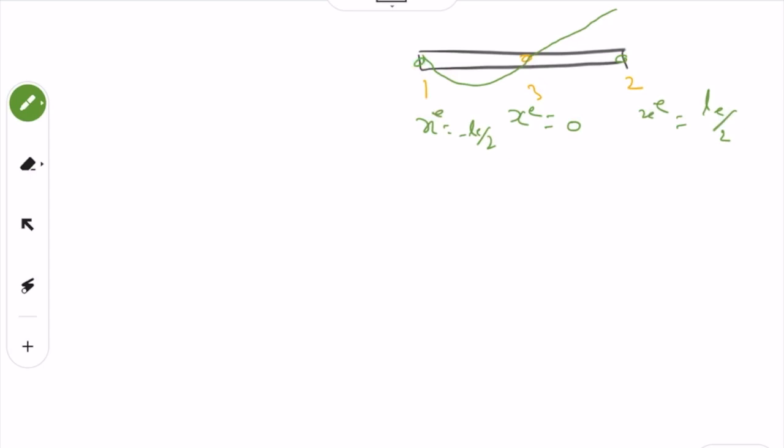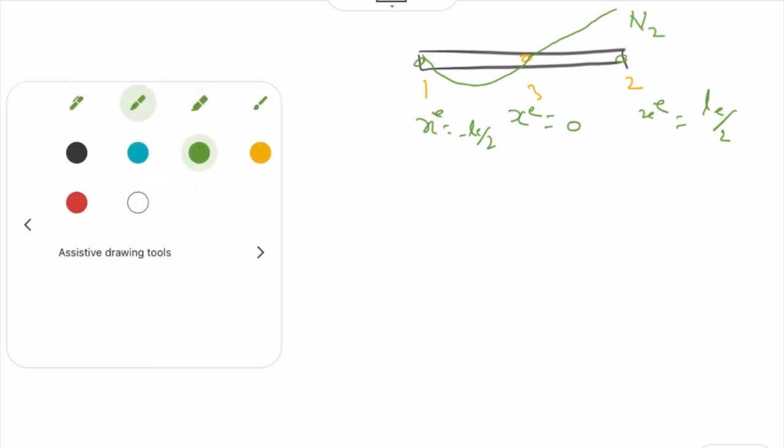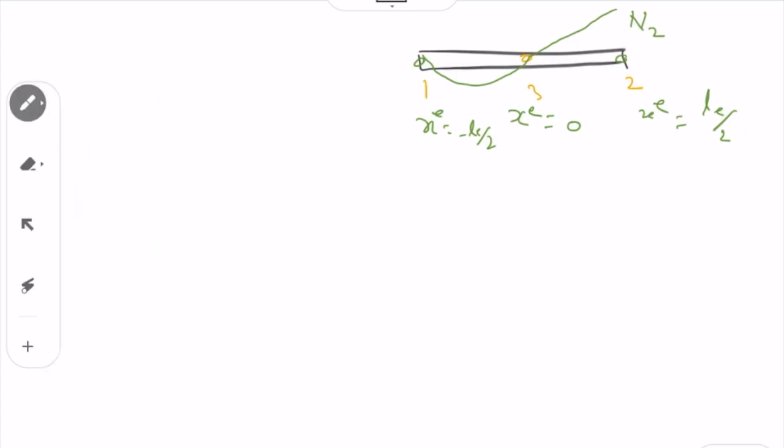Okay, so you know this is N2 basically. N2e will be equal to some function beta multiplied by, then it has the first root here.